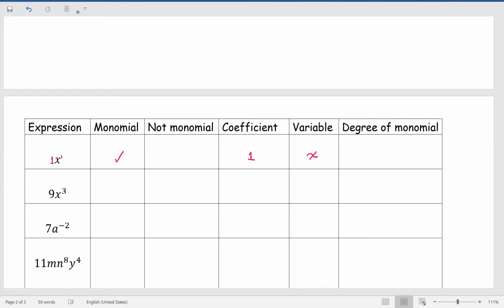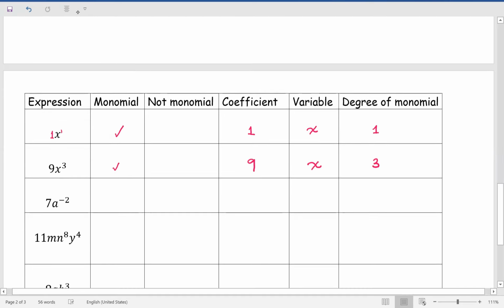So here the degree is 1. Okay. 9x cubed, or you can call it 9x to the power of 3. Yes, it is a monomial, because this is a product of a number and a variable. And then the power, you can see it is not negative. So here the coefficient is 9, the variable is x, and the degree of this monomial is 3.